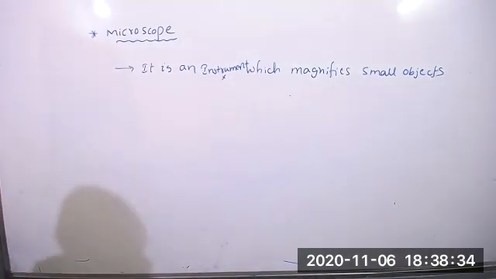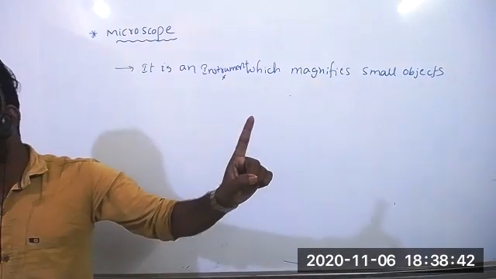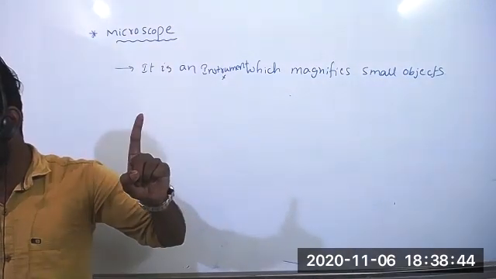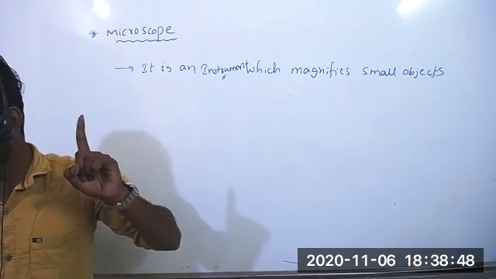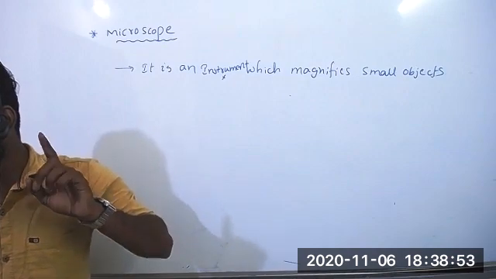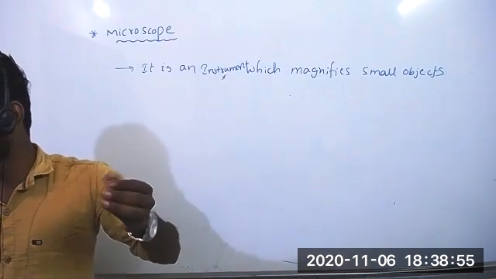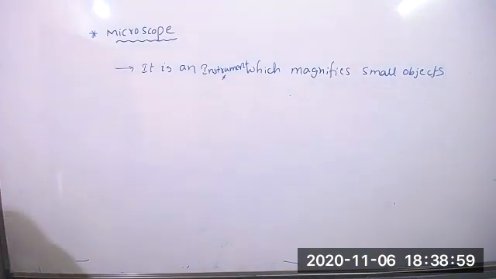Any object, if it is very far from you, looks very small. But when you take it very near to your eyes, the size will increase up to a certain limit. After the limit is crossed, it looks blurred. Understand clearly?